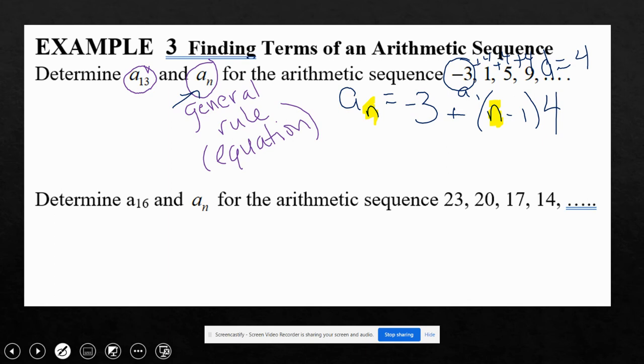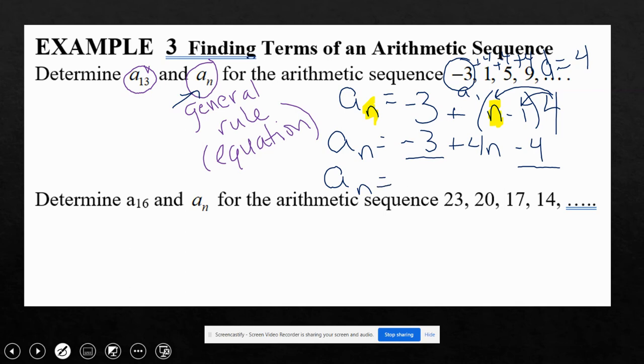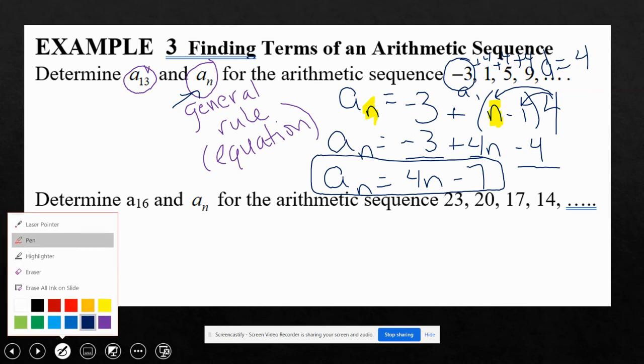I'm going to clean up this equation by distributing the 4, and then combining like terms. So we have 4n, -3 minus 4 more is -7. So this is our general rule, or how we're going to find whichever term number they ask us for.